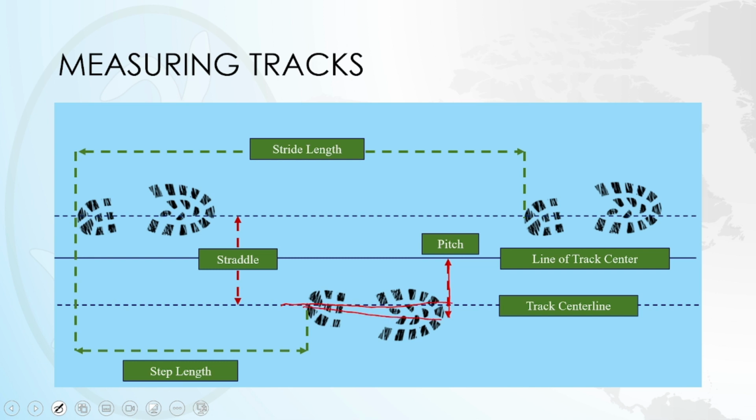How many degrees off is that center line of track? That could be the pitch as well. So there's a couple different ways that we could do pitch, but that's another important measurement for us to take, just so we can see how pointed out or pointed in someone's feet are, whether or not they're walking duck-footed or pigeon-toed. It tells us things from a tracking perspective.